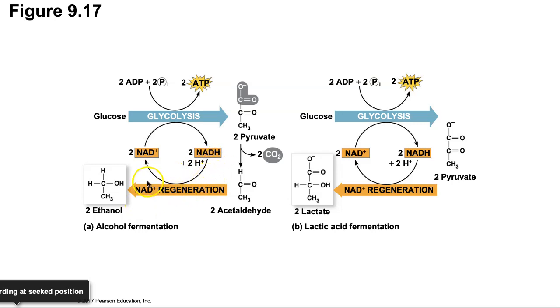Now, this is a very important cycle right here. This is the NAD plus to NADH to NAD plus. This is an NAD plus regeneration cycle. What happened when we made ATP from glycolysis here? When we took our glucose and turned it into pyruvate, we created 2 NADHs, right?